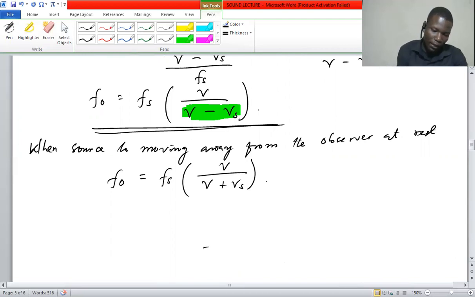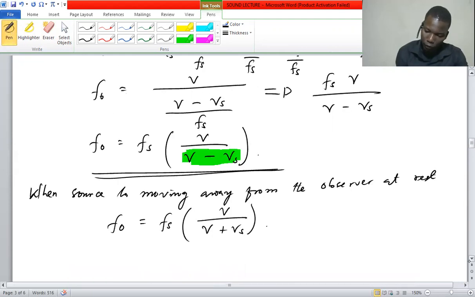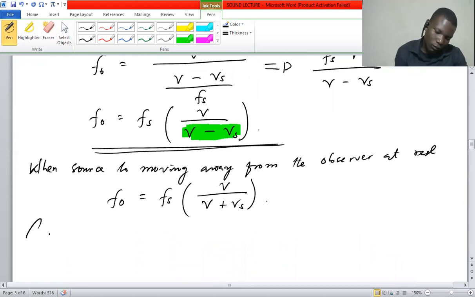So we have a general case, we have the observed frequency being equal to this.